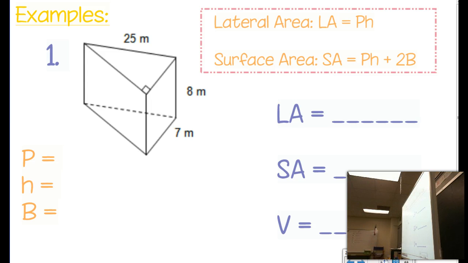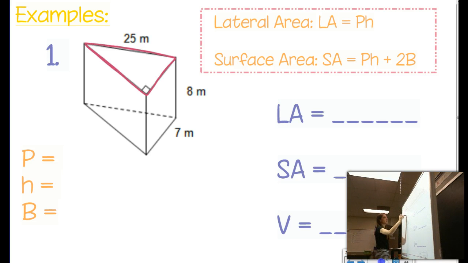P stands for perimeter of the base. H stands for height. Capital B stands for area of the base. Everyone just find P. Some of you aren't doing anything.